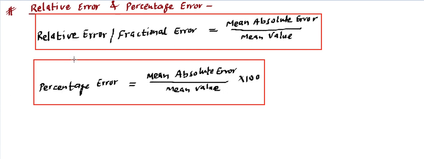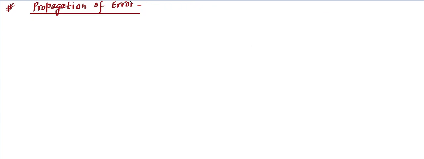Since an observation has error in it, if we use this observed value in further calculation, this error is going to carry into that expression or those calculations as well. That's known as propagation of error, and there are certain rules for it. Let's see what the rules are and how we are going to use them. So let's talk about this propagation of error.